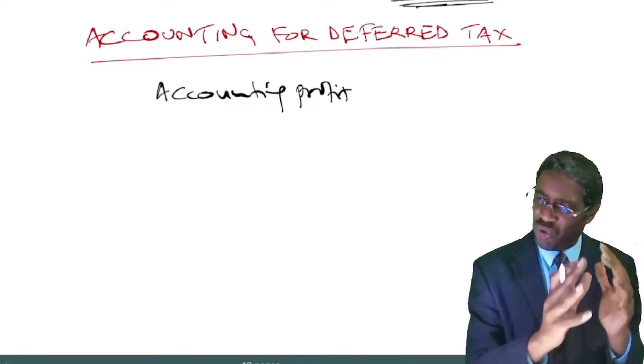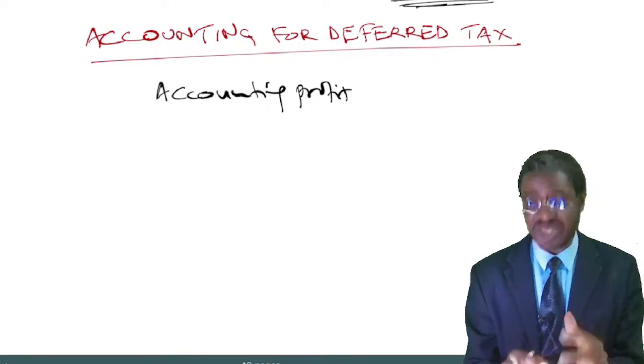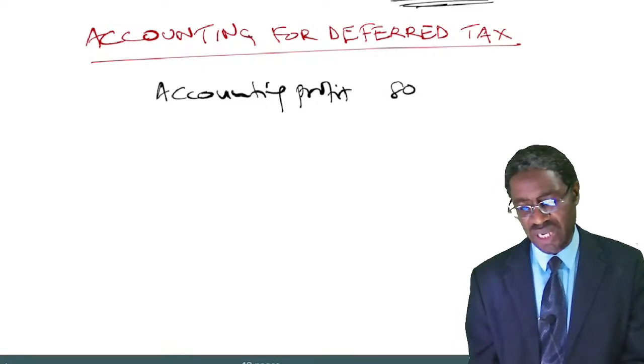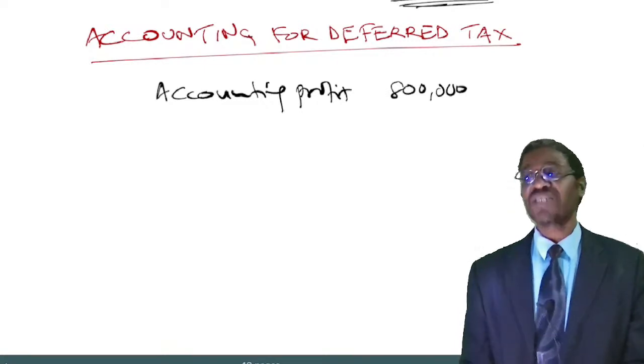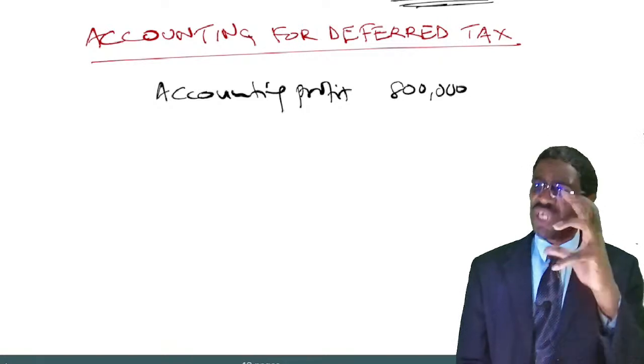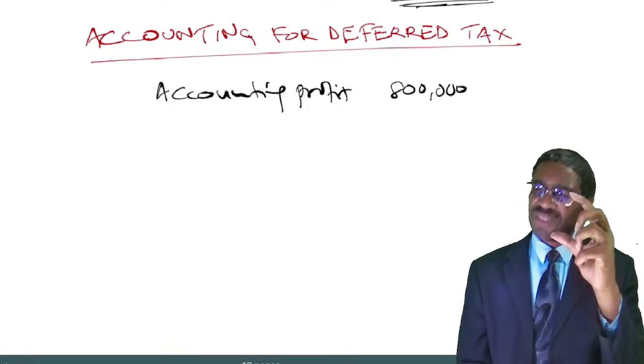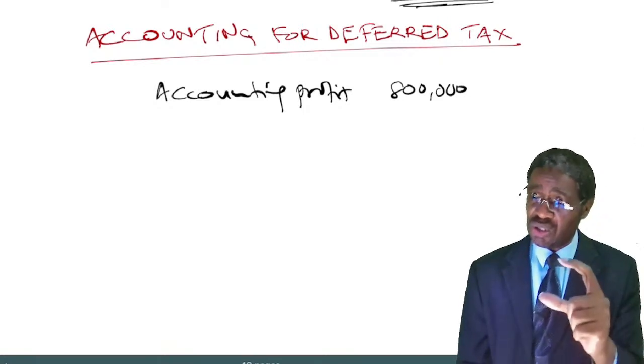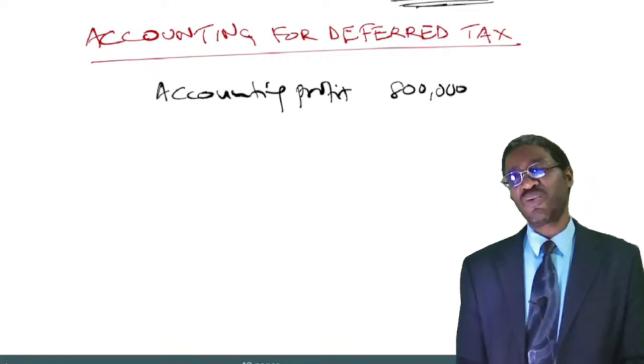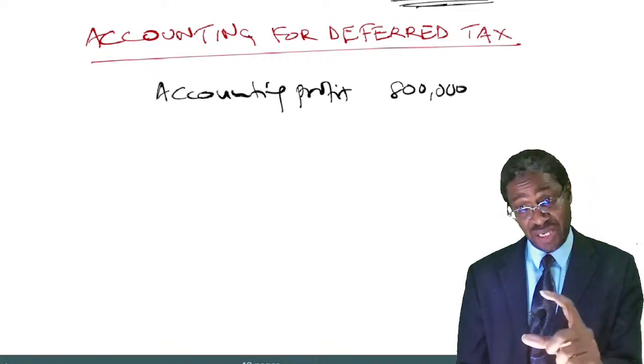Whatever profit you have computed in your income statement, let us assume it is 800,000. That's the profit. When you give the taxman that profit to tax you, he will not tax you on that 800,000.